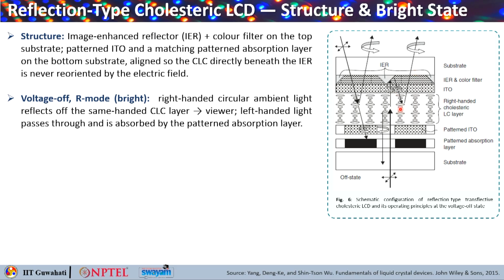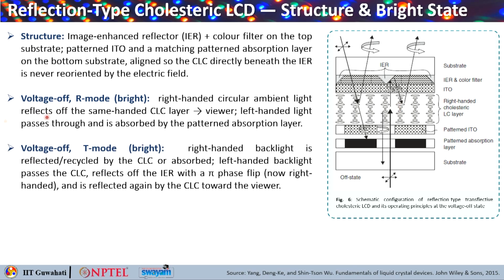So what you are getting is finally a bright transmission mode image with the same non-reversed sense of brightness as the R mode image. Once again, if it is complex, I can repeat it.